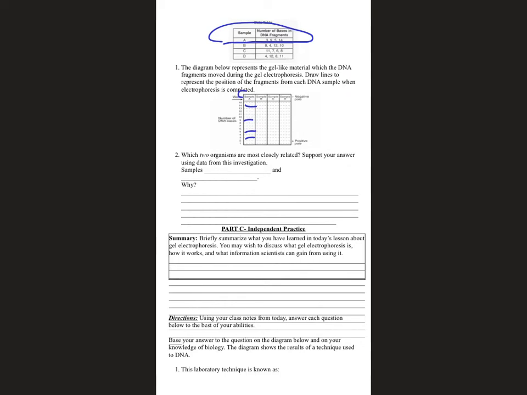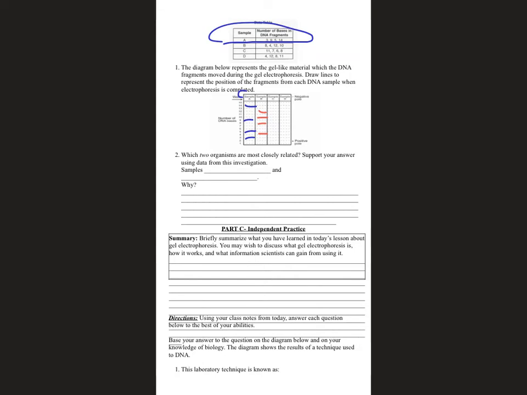For sample B, I'm going to do the same exact thing. Sample B starts with number 8. I'm going to go to 8, 4, 12, and 10. Now my lines aren't the straightest because this is being done virtually, but you get the point.